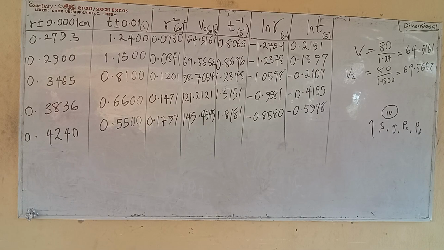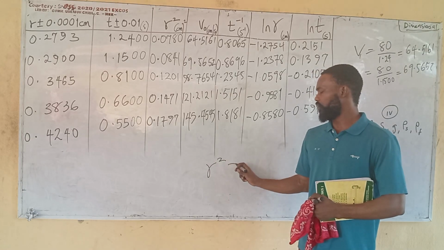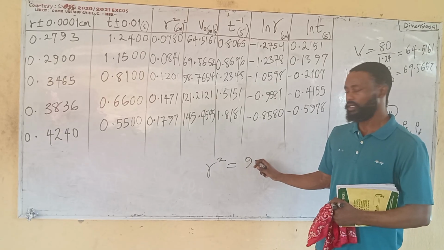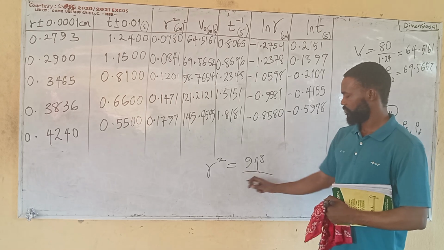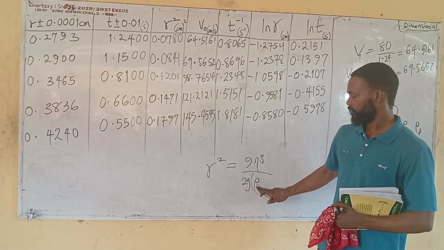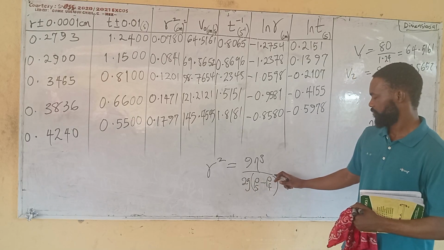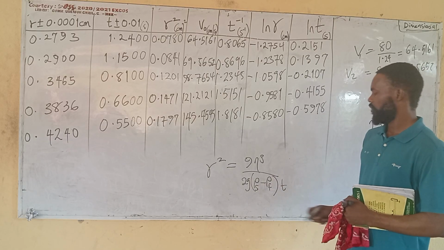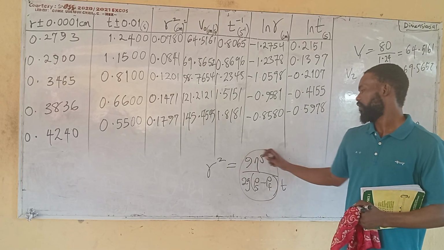So now see, first of all, we got R squared is equal to, give me what we have. 9 eta S over 2g (rho S minus rho F), and that's 1 over T. So that means everything here is the slope, shall we?